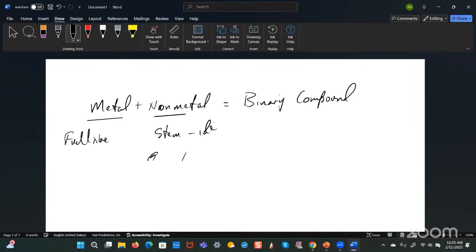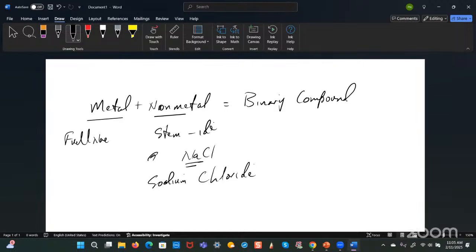The formula is NaCl, and basically it's sodium, that's the first part, and then chlor, which is the stem of the name of the element chlorine. So we don't use the full name chlorine, and we end it with -ide. So instead of chlorine, we say chloride. So the name of this compound is sodium chloride.